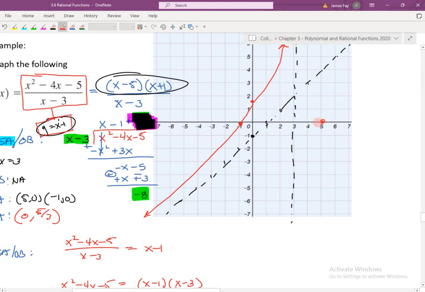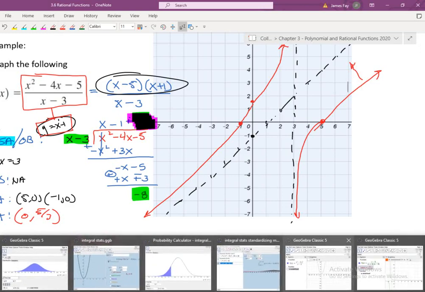As I move to the left, which direction is that graph going to have to move? Can I go up? If I go up, I'm going to cross an asymptote that I've got the work that says you never cross it, right? So as I move left, I've got to go down. And then as this goes to the right, it will eventually get sucked up to that slant asymptote.